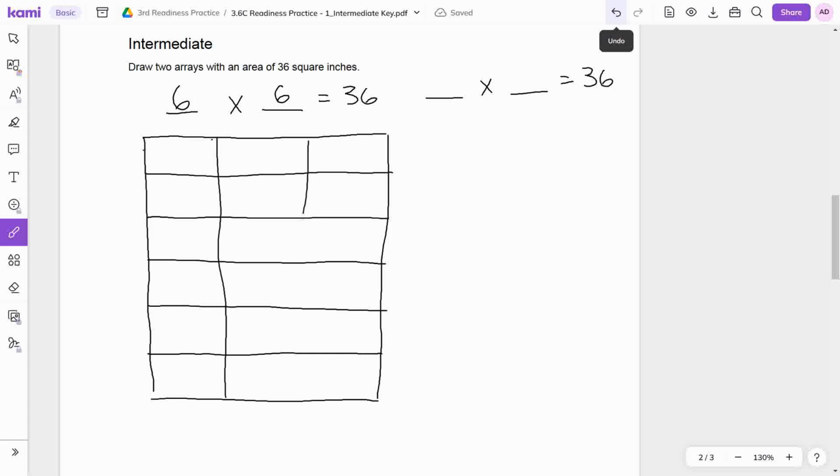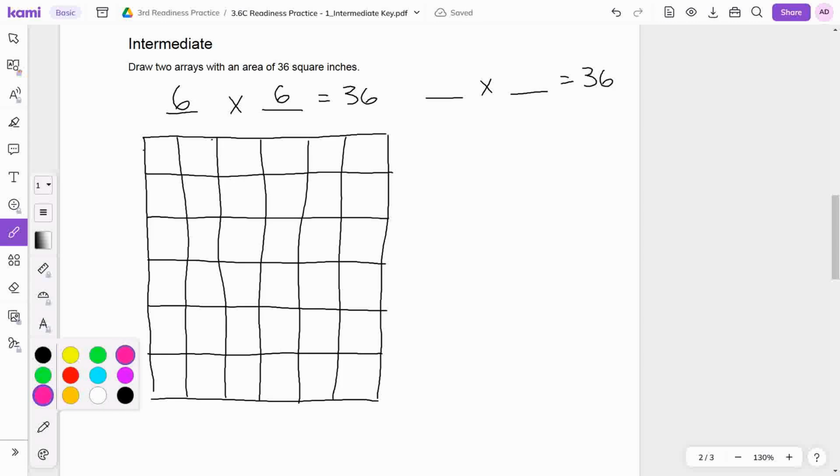Then I'm going to take each third, cut it in half, and I'm going to have 36. Let's do the same thing to verify. 1, 2, 3, 4, 5, 6, 12, 18, 24, 30, 36. All right, so I've done 6 times 6.